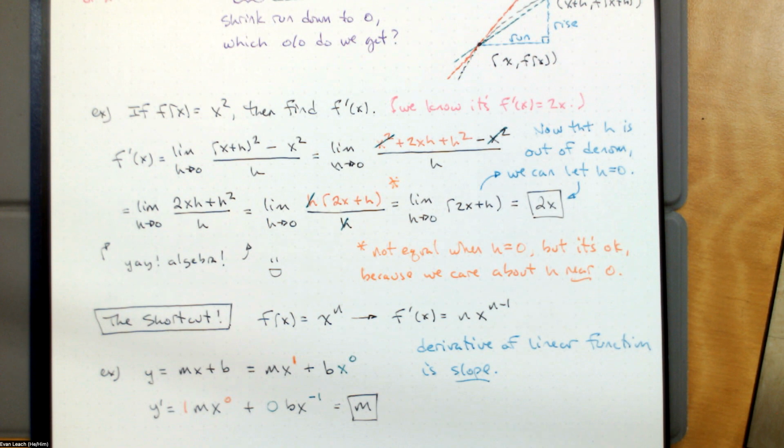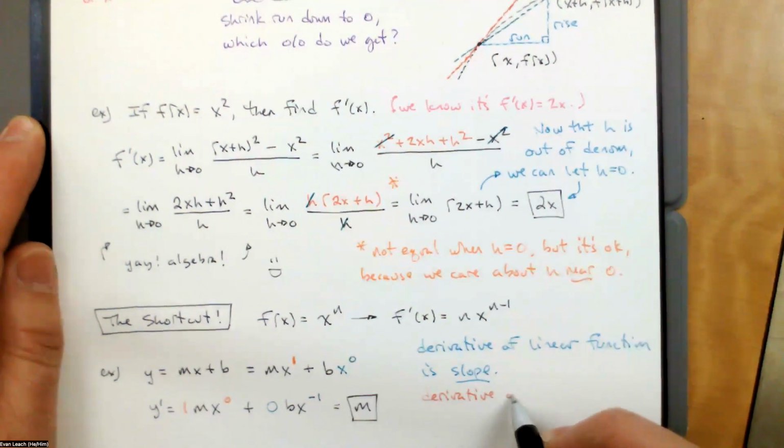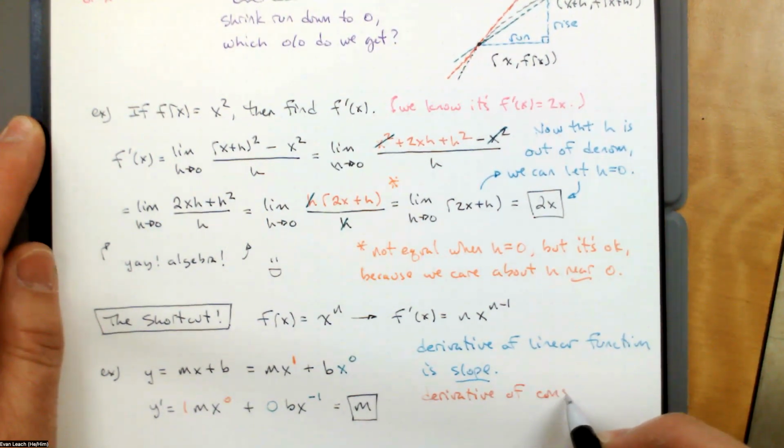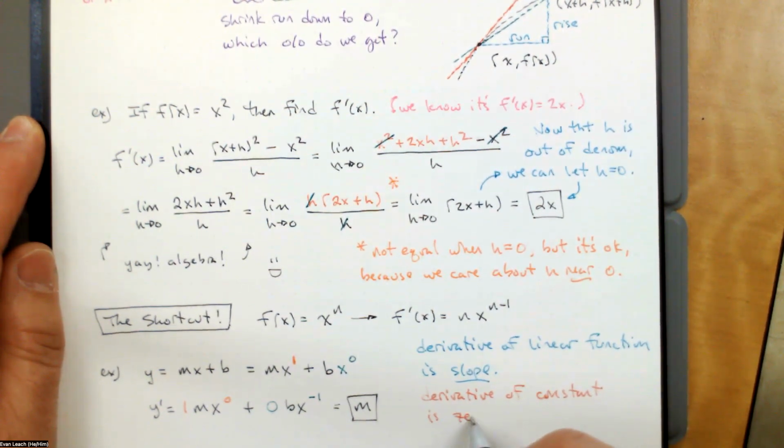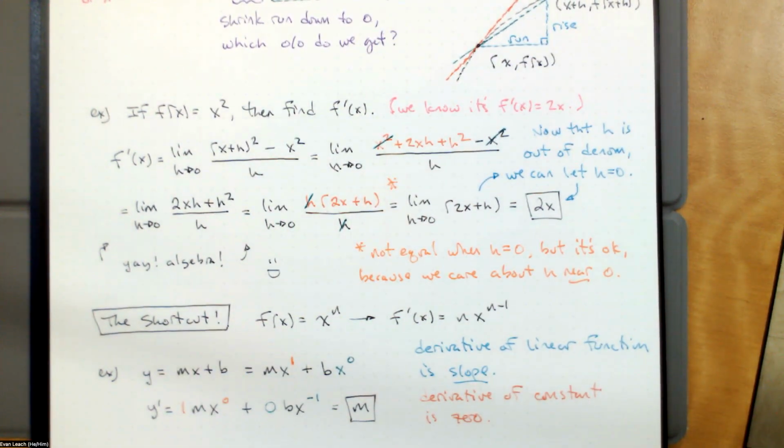This includes constant functions. The derivative of a constant is equal to 0. That makes sense because a constant function has 0 slope.